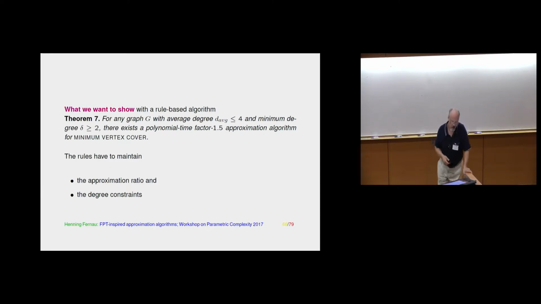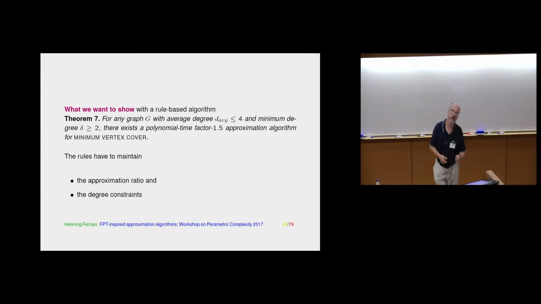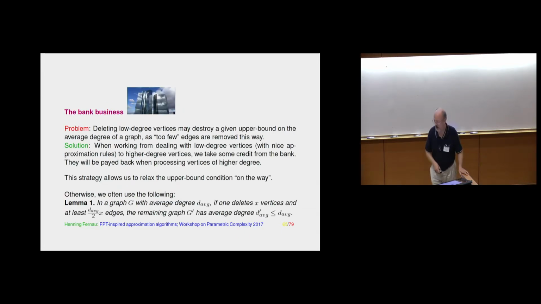And so what I have to deal with is, of course, now 2 things in order to really make it work. I have to maintain the approximation ratio, and I have to maintain these degree constraints. In order to maintain these degree constraints in a certain way, I need my bank. So maybe coming back to this little lemma, what does it mean in my case?